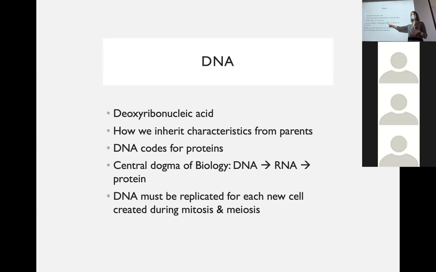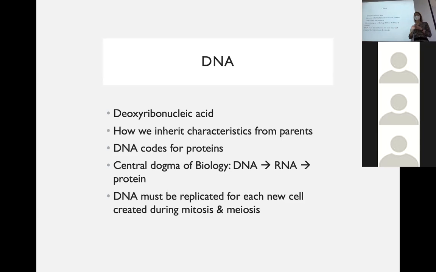So deoxyribonucleic acid, ribonucleic acid, and then RNA will make proteins or code for proteins. So this is all about coding. You want to memorize that order, DNA to RNA to protein. We start with DNA, then we make RNA, and then we make proteins.